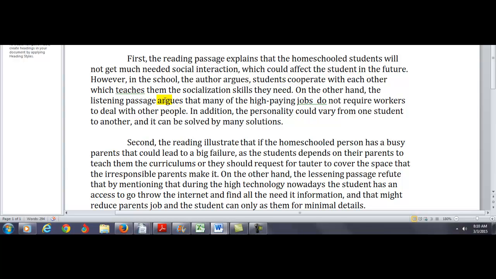Now, as you can see, I actually went through and made quite a few corrections. If I go through every paragraph, you'll notice that you're having a lot of problems with either word choice or sentence structure. For example, instead of saying the listening passage, you say lessening, which is an entirely different word altogether.